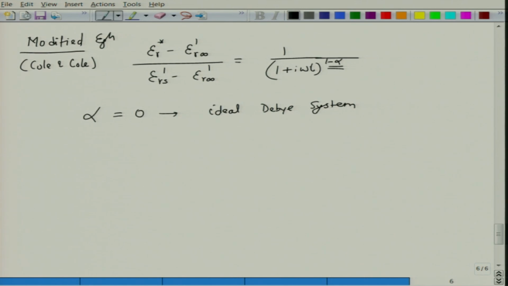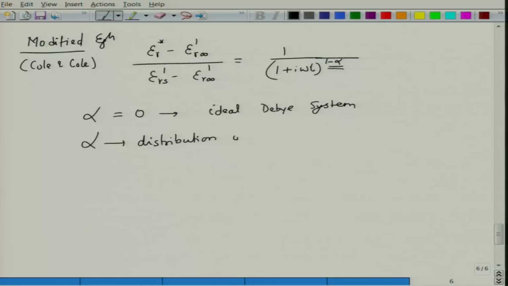Alpha represents the distribution of relaxation times in the material, which means you have different defects responding to different frequencies. As a result, you have multiple relaxation times.